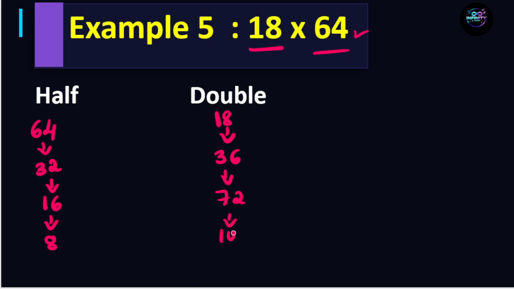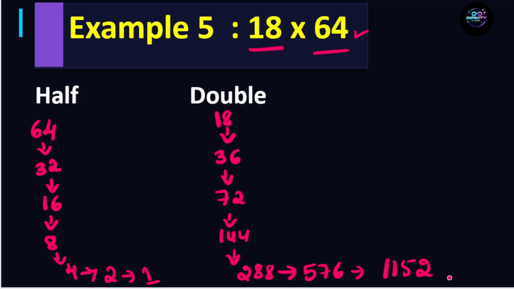Double of 72 is 144. 8 half is 4. Double of 144 is 288. Half of 4 is 2. Double of 288 is 576. Then half of 2 is 1. And the double of 576 is 1152. So our answer is 1152.